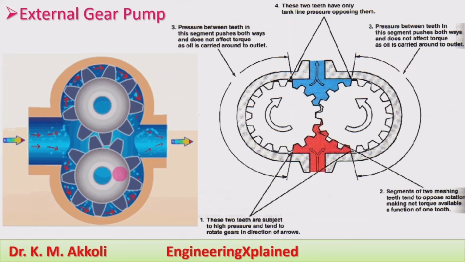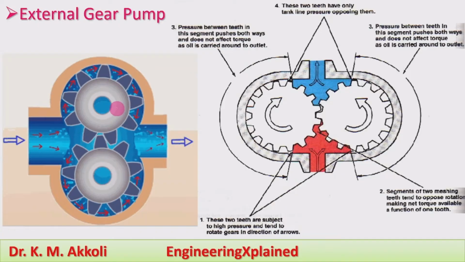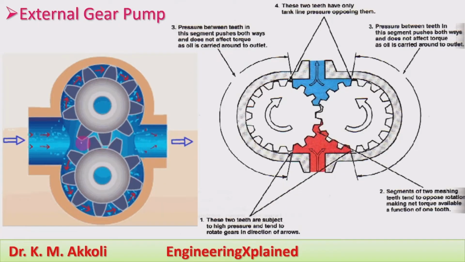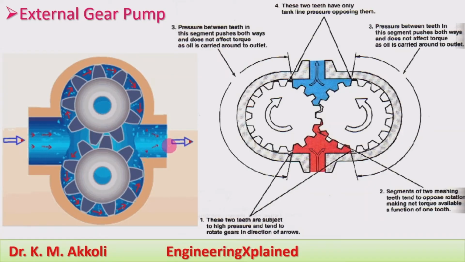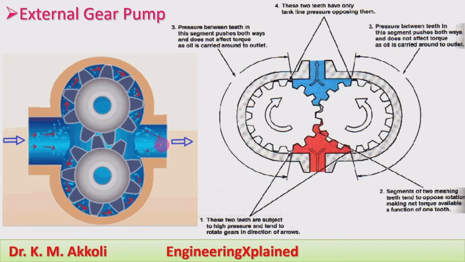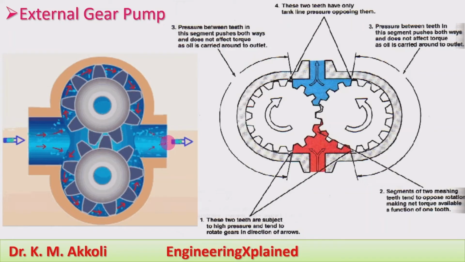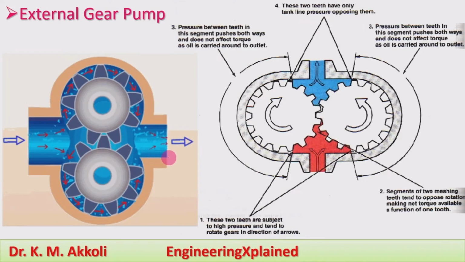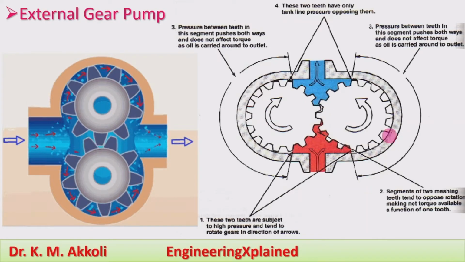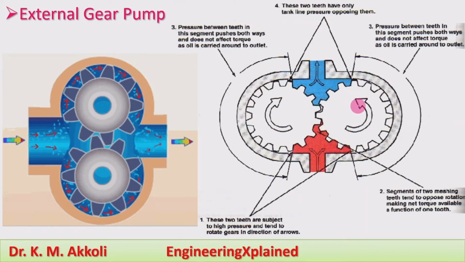Like this, during the continuous operation of these two externally engaging gears, the suction of the fluid as well as the supply of the fluid in the hydraulic system or fluid power system takes place.